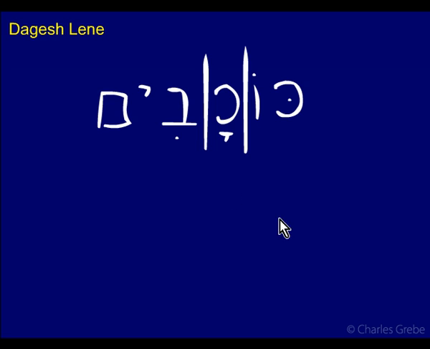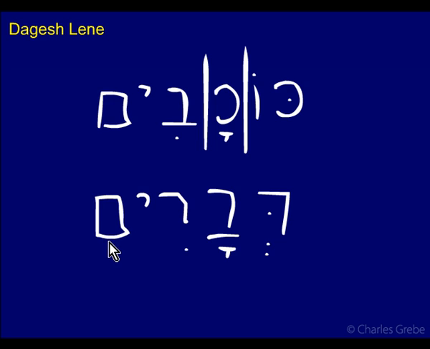Now let me give you another one here. Devarim. Devarim is also a word we looked at. De, va, rim. We looked at this earlier. It means words. Let's put our divisions in there too. Devarim. Now, this one is a Begad Kafat letter, begins a syllable, no preceding vowel, therefore Dagesh Lene. Meets both conditions.